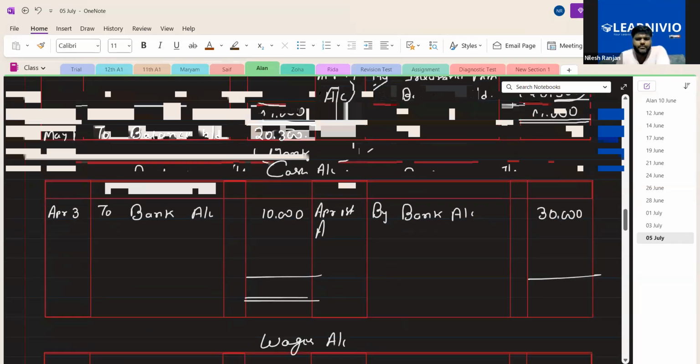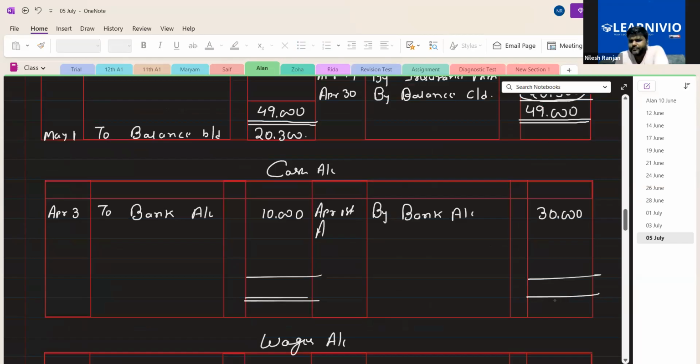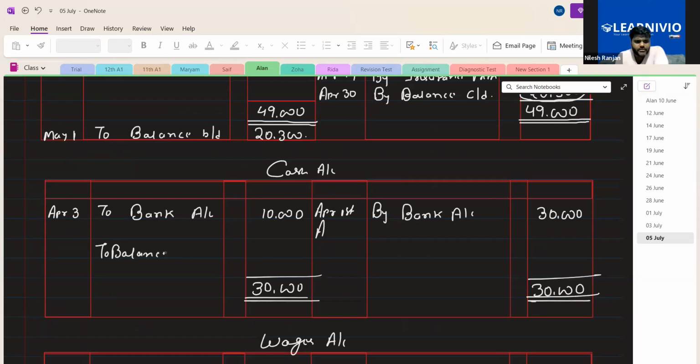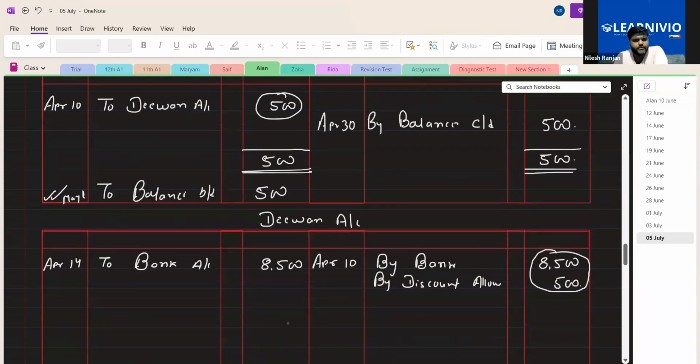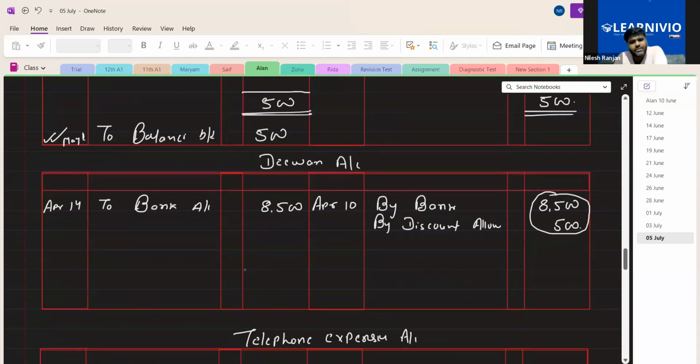Okay, it is 30,000 to 20,000. Balance CD 20,000. And here it will be by balance BD 20,000. So the carried down and brought down amounts should both be the same, yes, because you are carrying down and bringing down the same amount.